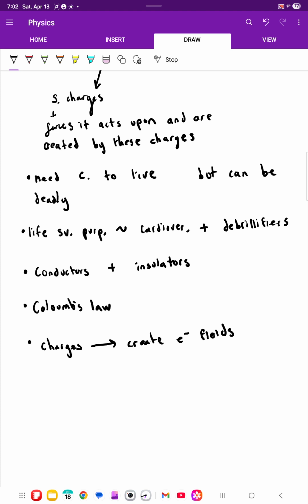These fields allow charges to exert forces on other charges.